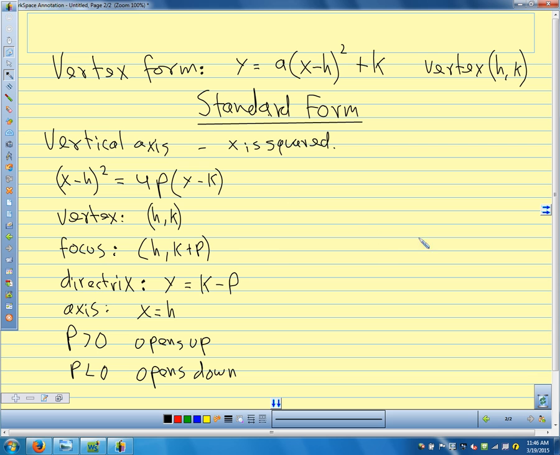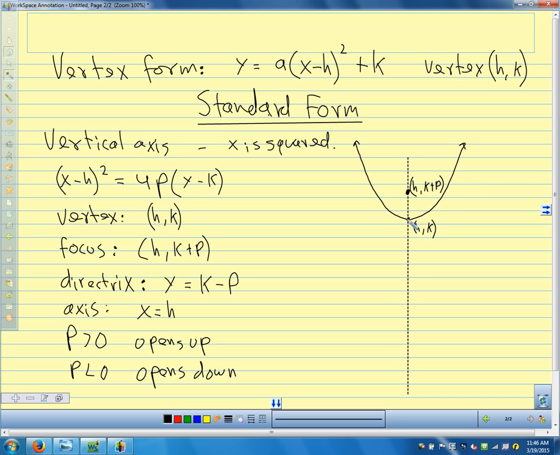All right, so I'm going to draw a picture here, and we're going to label our picture. I'm going to put two parabolas kind of back to back. Here, so that's going to be our axis for both of our parabolas. We'll do the one that opens up first. Our focus is always inside the parabola. So our vertex here is at the point (h, k). This point is at (h, k plus p).